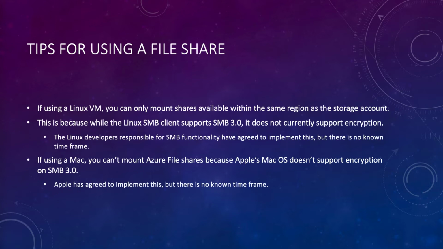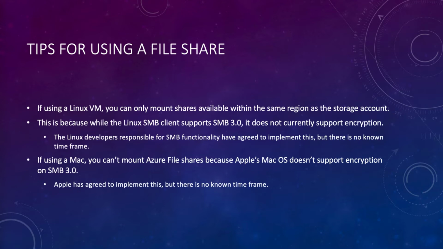And since Linux and SMB 3.0 do not support encryption, that means they have to be within the same region. The Linux developers are responsible for SMB functionality, and they have agreed to implement this, but there is no known time frame. So the point is, you never know when it's actually going to happen.